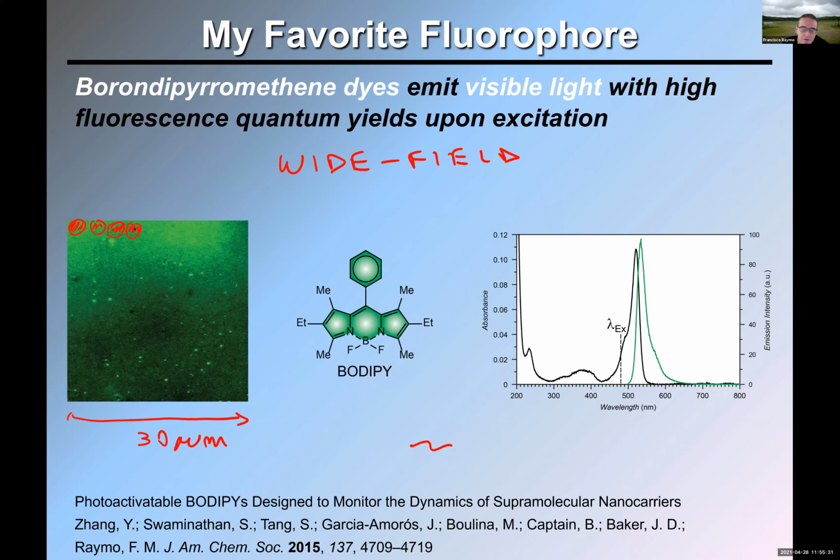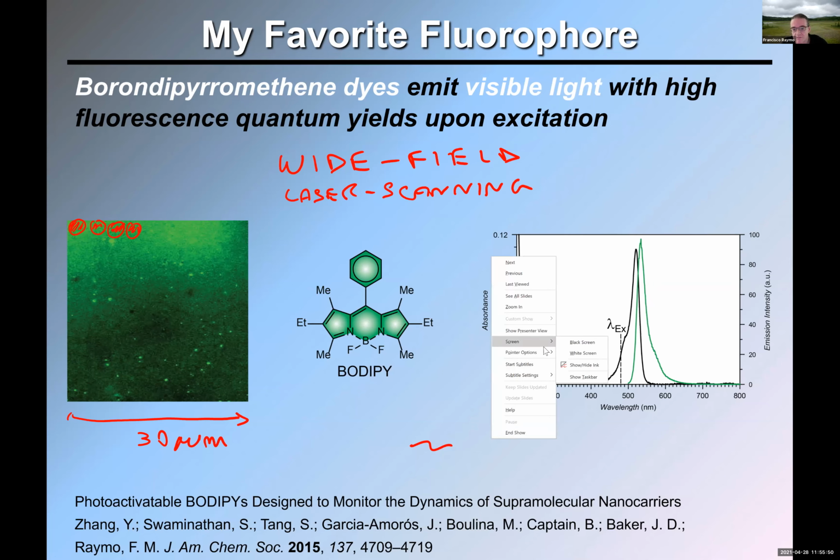So you're scanning your excitation laser across the sample and measuring fluorescence point by point. And of course, this is called laser scanning.